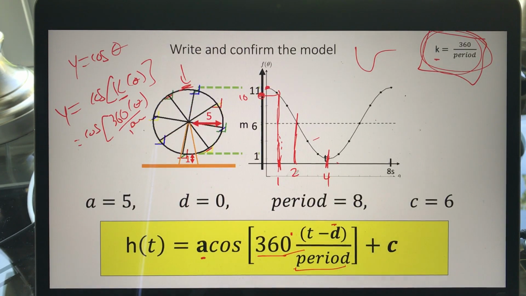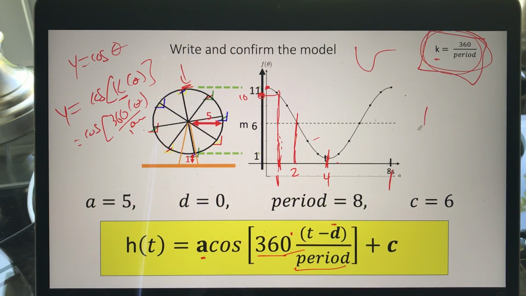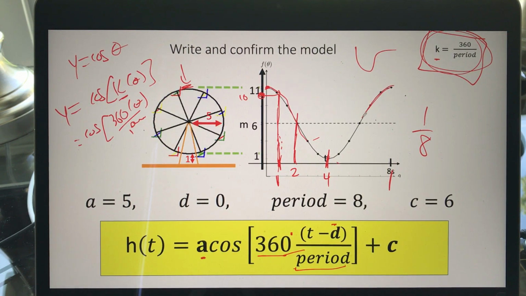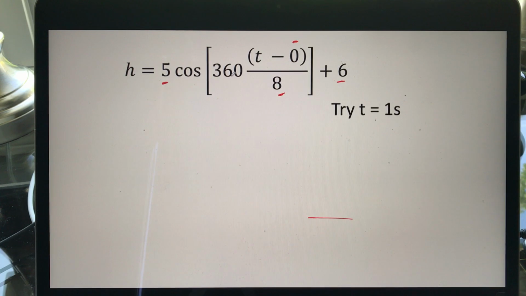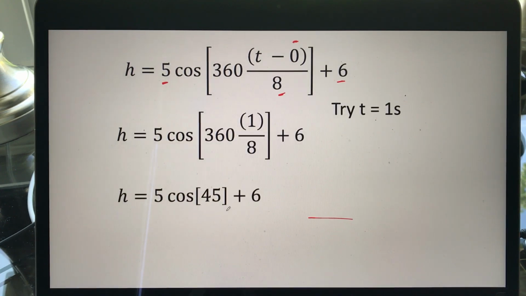So let's take a look at this here a second. So here's my 1 second. Here's my 8 seconds. The whole thing is 8. Here I am sitting at 1. So I'm at 1/8 of my way through the cycle. So I need my calculator to kick out the value it has loaded in it 1/8 of the way through. To do that, this little reduction, 360 divided by 8, gives me 45.